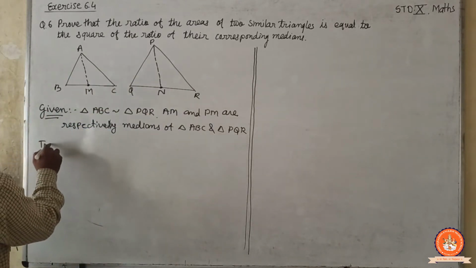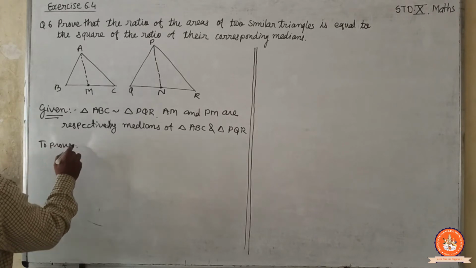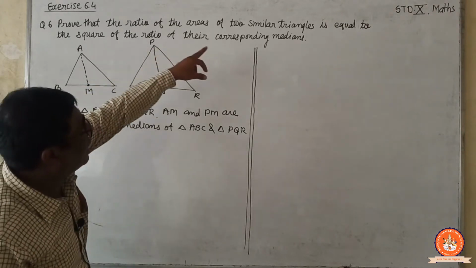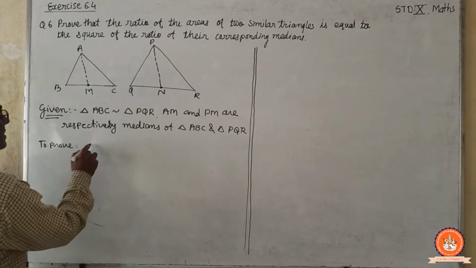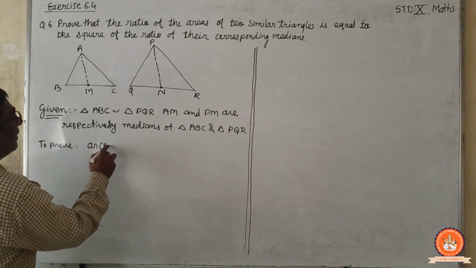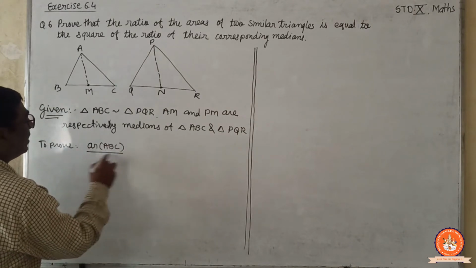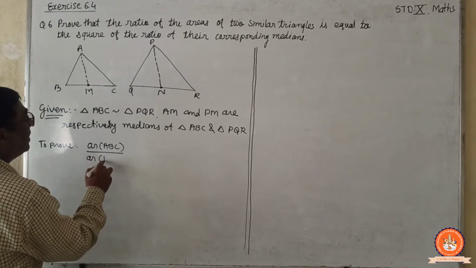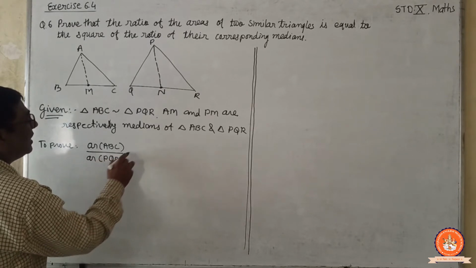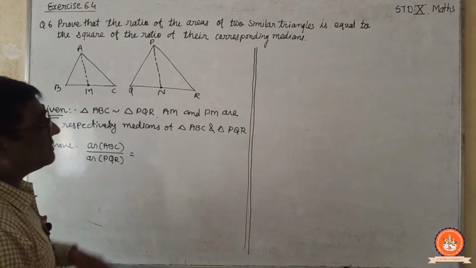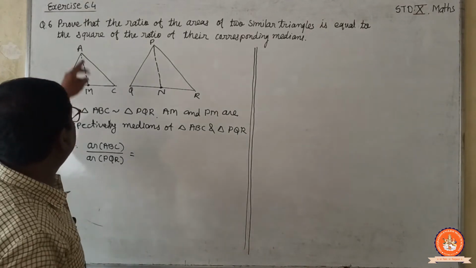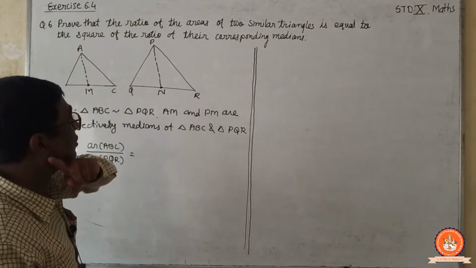We need to prove that ratio of the area of two similar triangle, means area of ABC upon area of PQR, is equal to the square of the ratio of their corresponding medians.